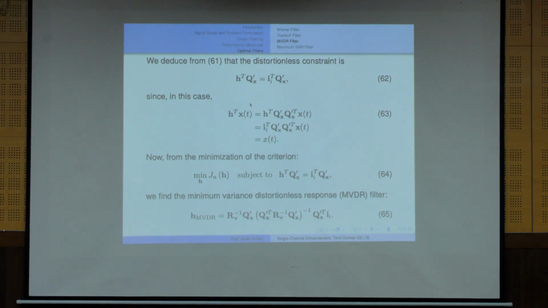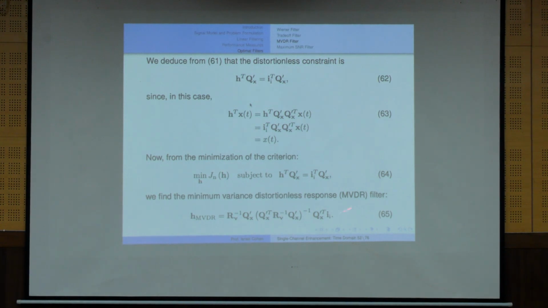Okay? So our problem of the MVDR, you see, this is a very nice problem: to minimize the variance of the noise, the variance of this part, subject to P constraints. These are P constraints.